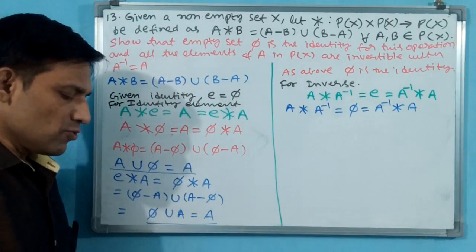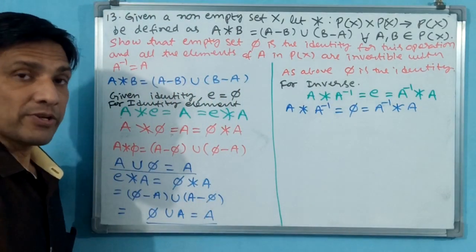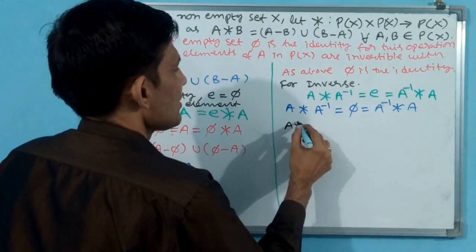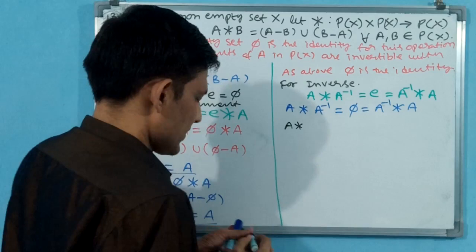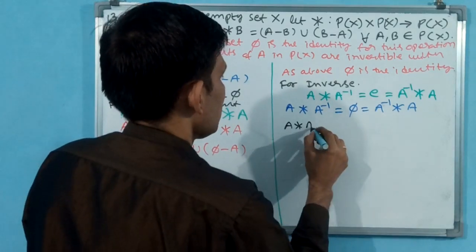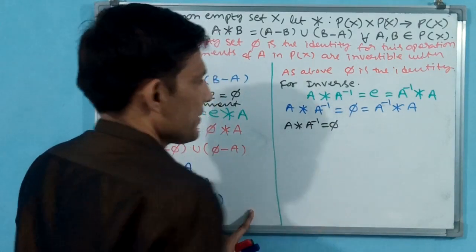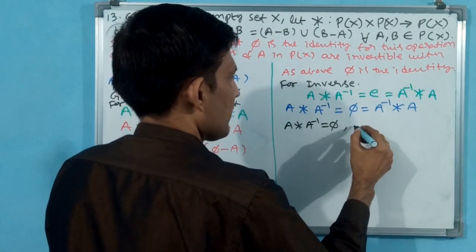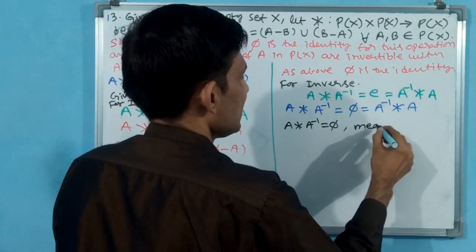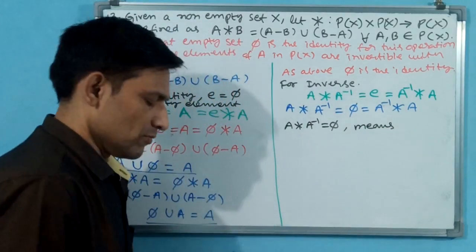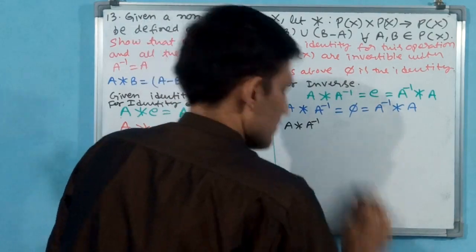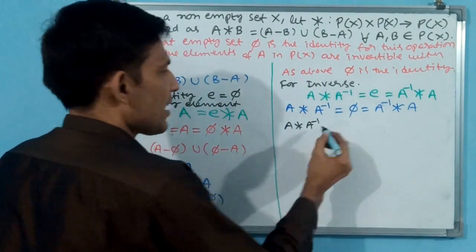Okay. Now you take first the LHS. So how I am writing, carefully you observe. Okay. A star A inverse is equal to 5. First you write A star A inverse, then the operation also you write.